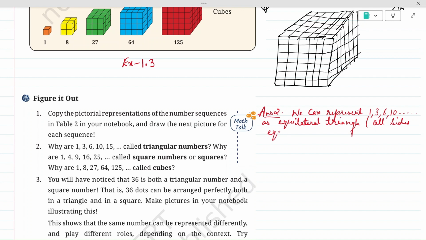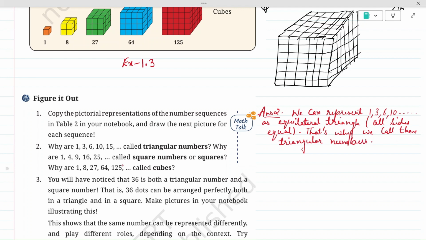The triangle has all sides equal. That's why we call them triangular numbers.